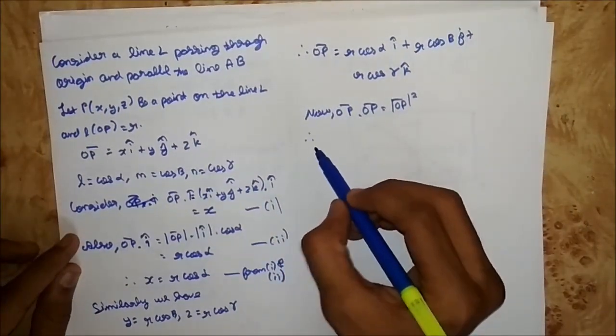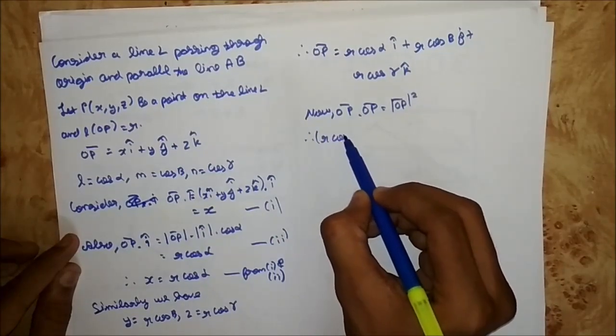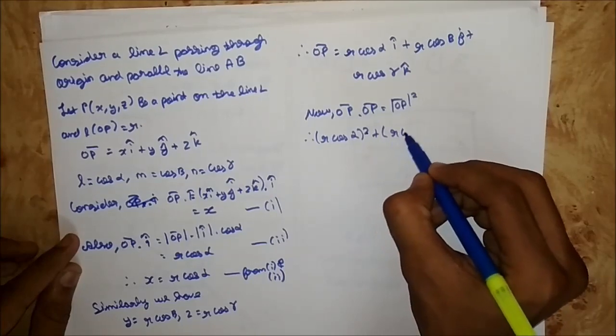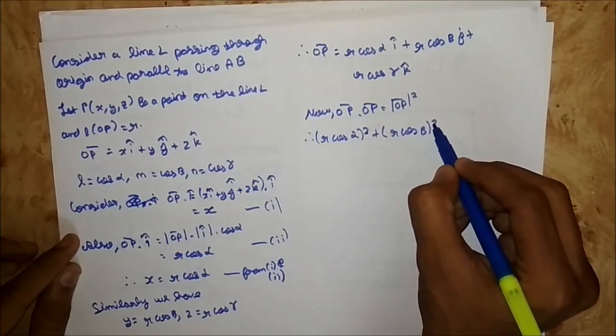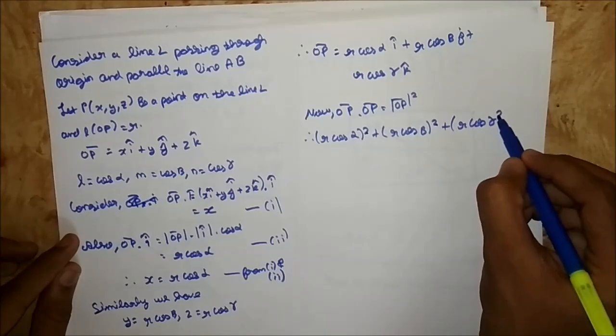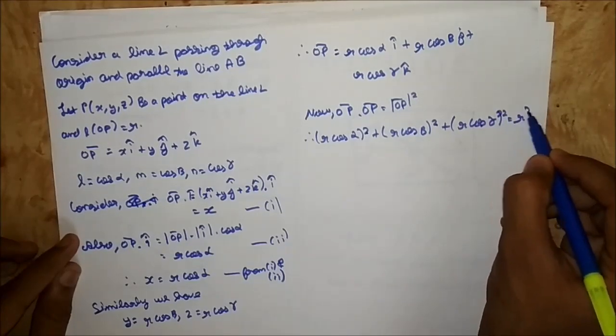Therefore r cos alpha square plus r cos beta square plus r cos gamma square is equal to r square.